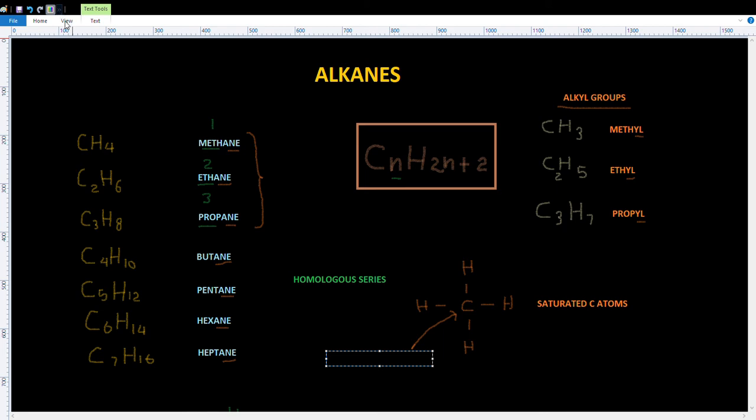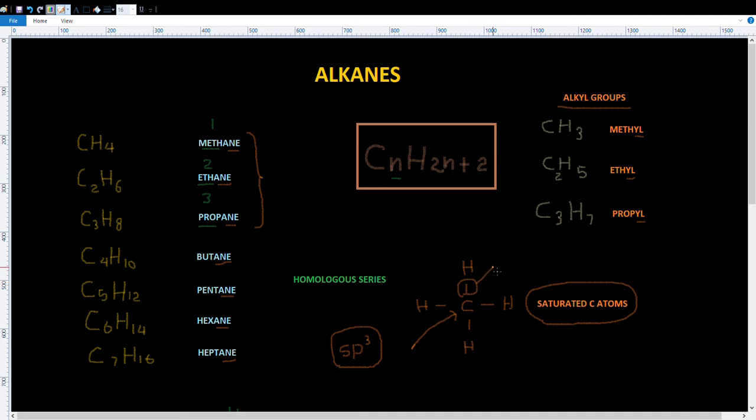We'll see. So this is sp3, consists of sp3 carbon atoms. There we go. So I'm going to explain all these facts: why it has become saturated, why it consists of sp3 carbon atoms, and why the bond lengths are equal.